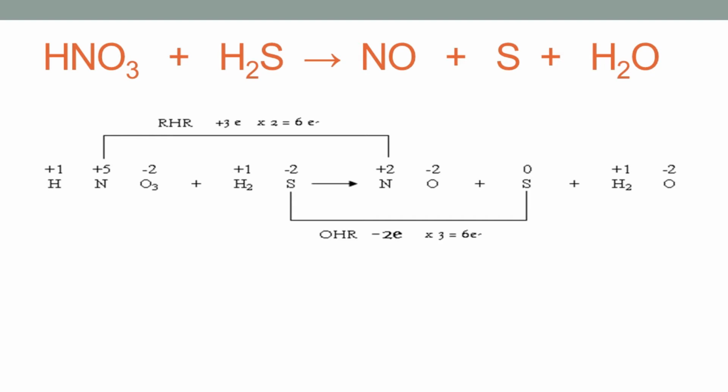So 3 times 2 makes 6 electrons, and 2 times 3 makes 6 electrons. Therefore, multiplying nitrogen by 2, 2 becomes the coefficient of HNO3, and multiplying sulfide by 3, the coefficient of H2S becomes 3. The rest of the atoms are balanced by inspection. It is a relatively easy method to do this balancing.